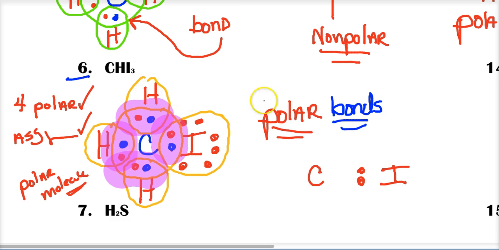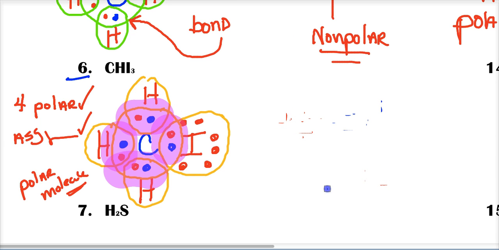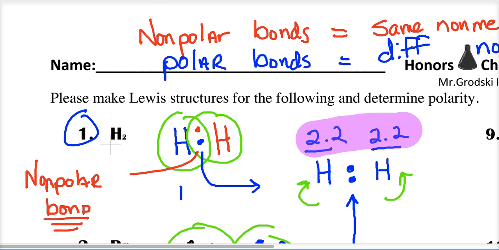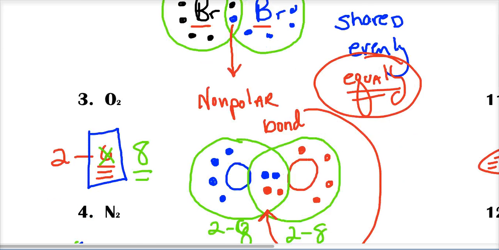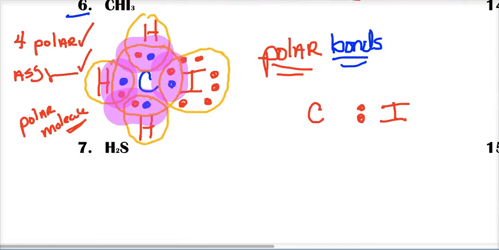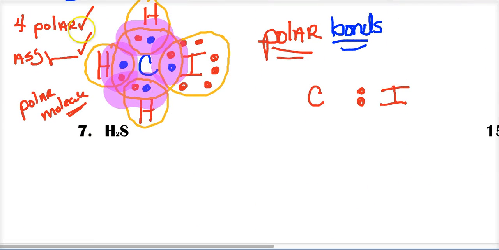Let's do the arrows again. I have a positive going to a negative, and then I have 3 arrows doing this that represent these 3.